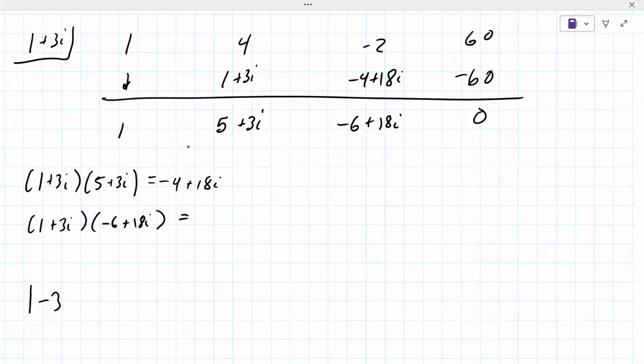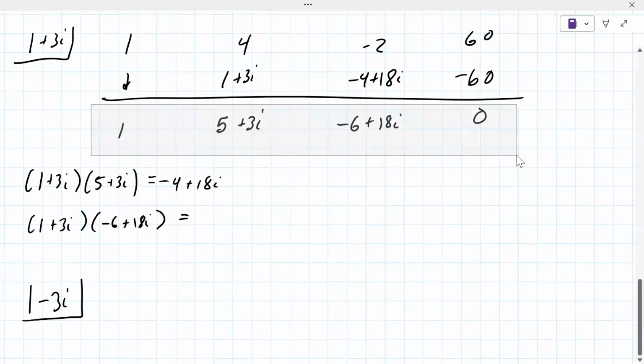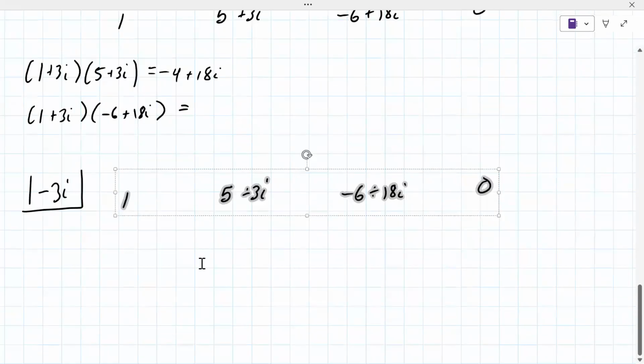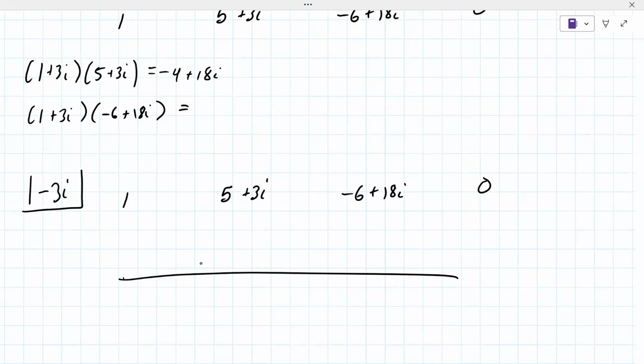All right, so now we've got to do the same thing. It's 1 minus 3i, and then we've got to bring these down. So this 1 comes down, this becomes 1 minus 3i. And what you should notice is that the i's go away each time. 6 minus 18i, which becomes 0.